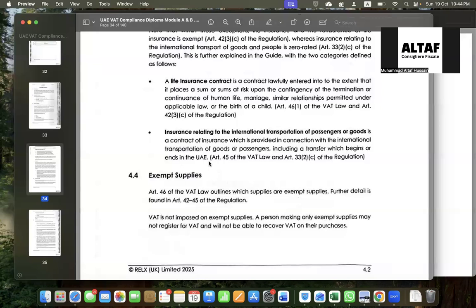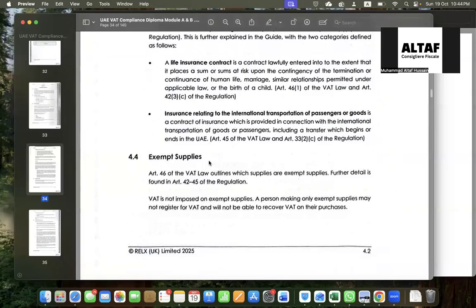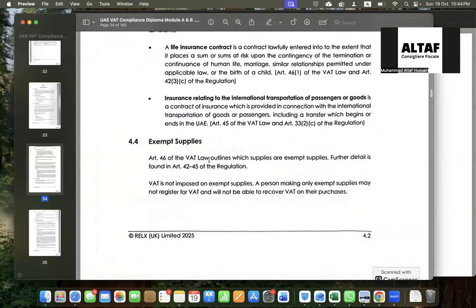So, although we're talking about international transportation, one point of either origination or culmination, meaning either the start or the end, has to be in UAE. So if that is the case, then insurance coverage for such international transportation of goods or passengers will be considered zero rated.